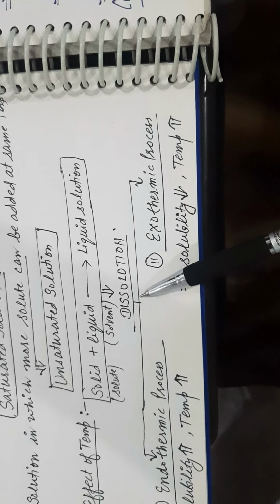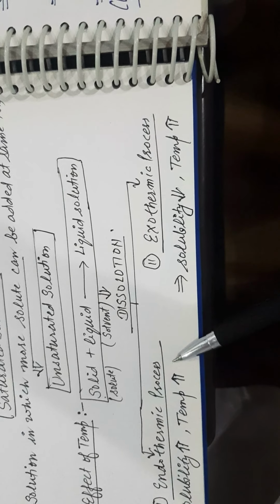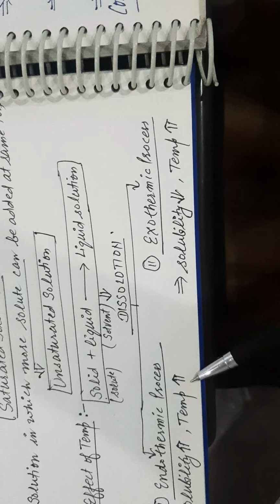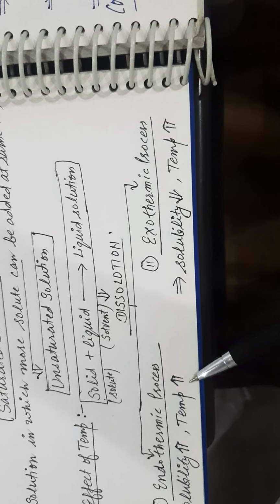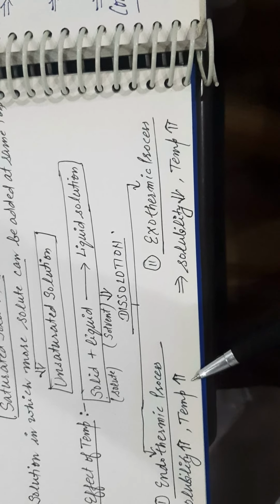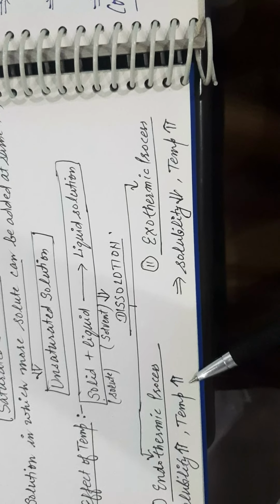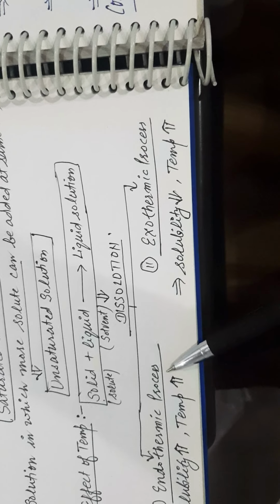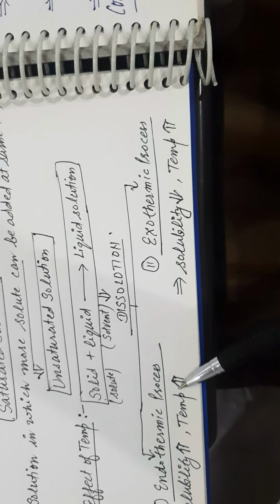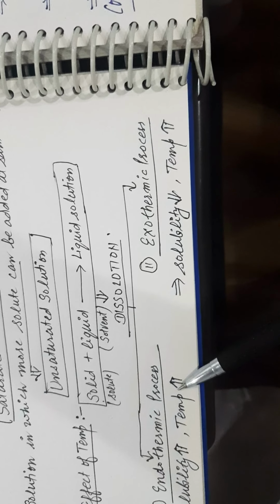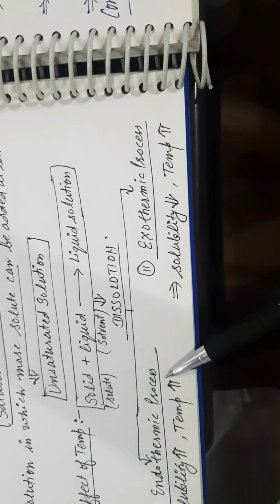Mean if the dissolution process is endothermic, in that case solubility and temperature play a directly proportional role. We can say as temperature increases, solubility of that solute in a particular solvent also increases.